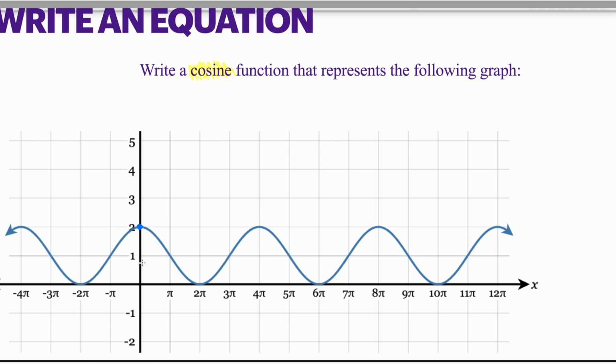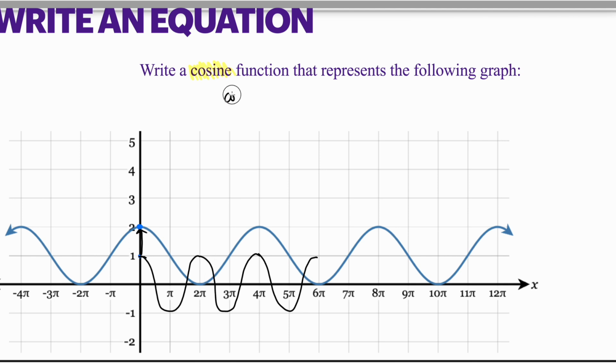Cosine starts at 0, 1 normally. So a normal cosine goes down and back up every 2 pi. So I realize that it looks like this shifted up 1.